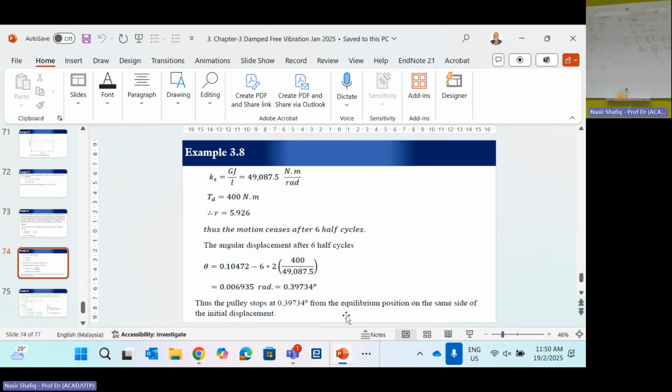Because they did not mention the value of G, so maybe they consider 82, 83 something, right?